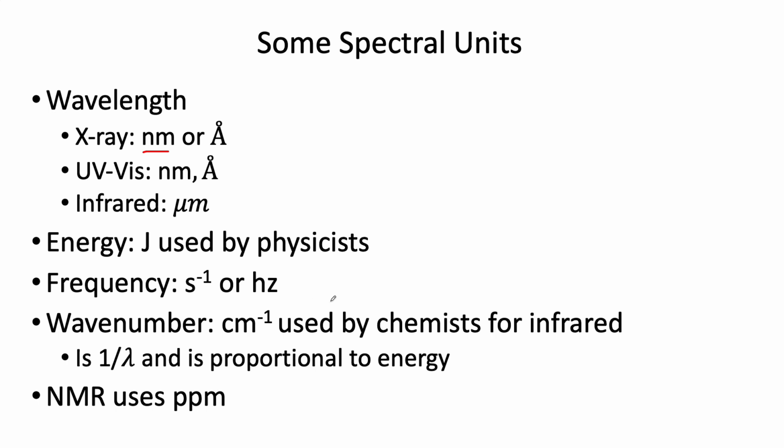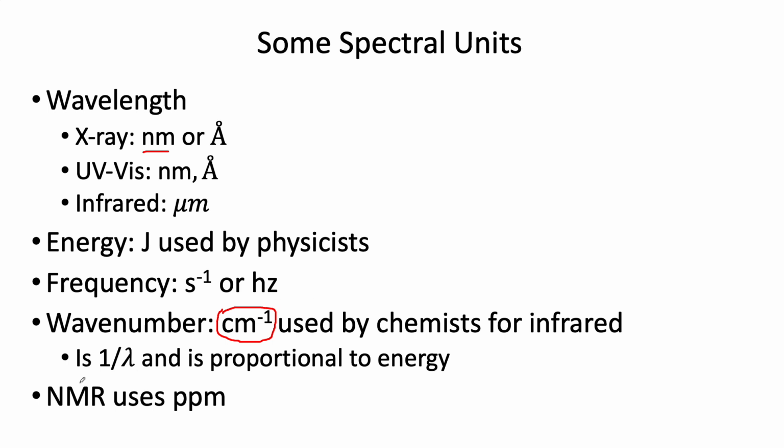Now, chemists have another unit they like to use in the infrared, and that is the wave number. They call it wave number, and that is 1 over the wavelength in the units of centimeters. So it has the units of centimeters to the minus 1. So if you see centimeters to the minus 1, chemists would call that wave numbers.